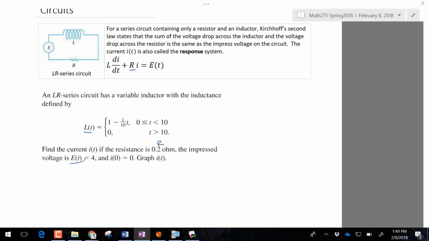I is the current, and so I is in the first order differential equation here. So let's see, should we write it out? This looks like we have to break this up into two cases: when t is between 0 and 10 and when it's bigger than 10.